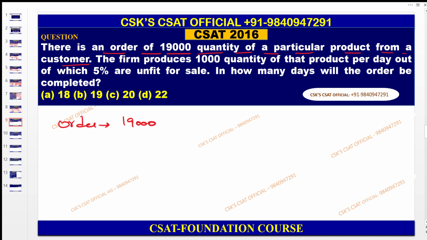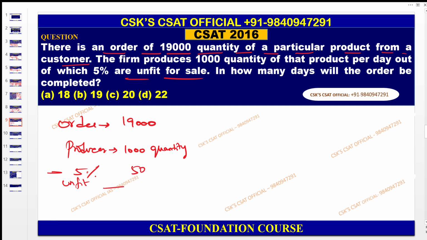The firm produces 1,000 quantity of that product per day, out of which 5% is unfit for sale. So subtract 5% unfit. 5% here is nothing but 50. So 950 quantity are fit.